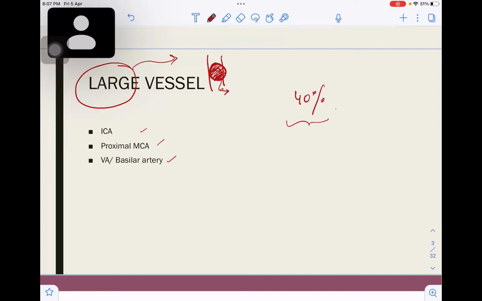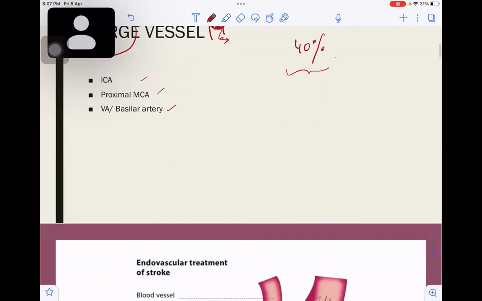That led to the idea that we require something else, the removal of the thrombus, which is called mechanical thrombectomy. All the studies done till now have concentrated only on the large vessels, that is the internal carotid artery and proximal MCA, for mechanical thrombectomy.